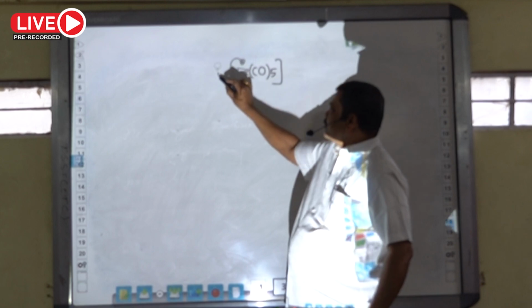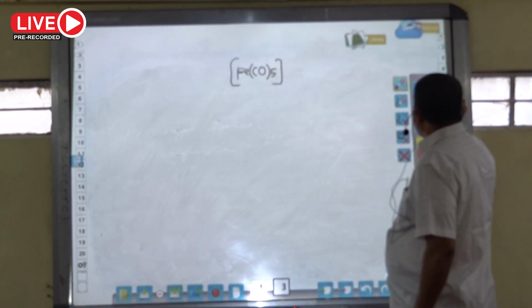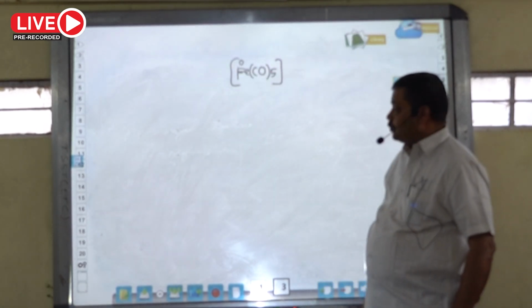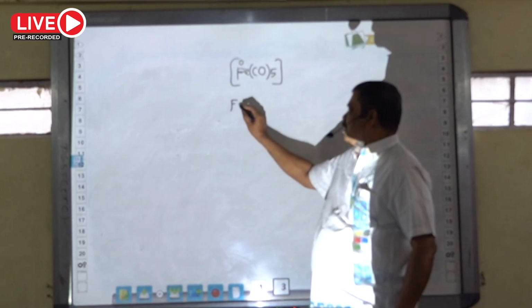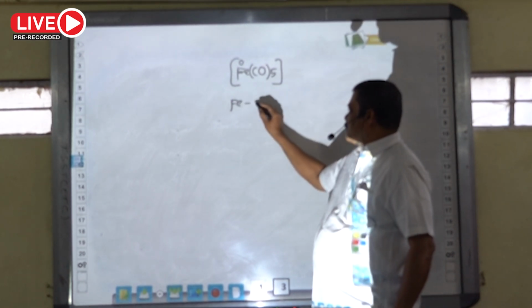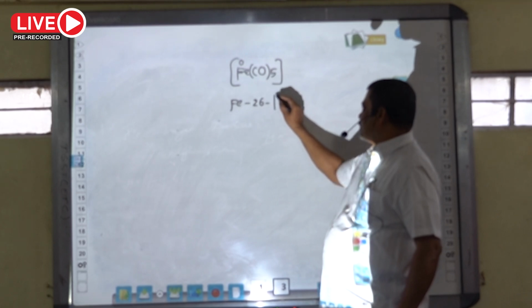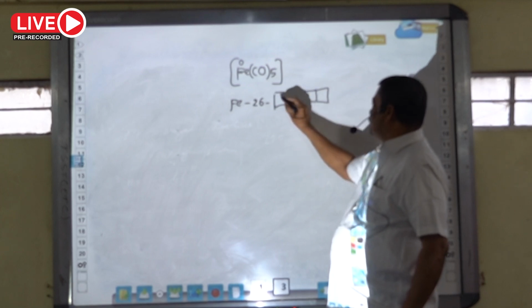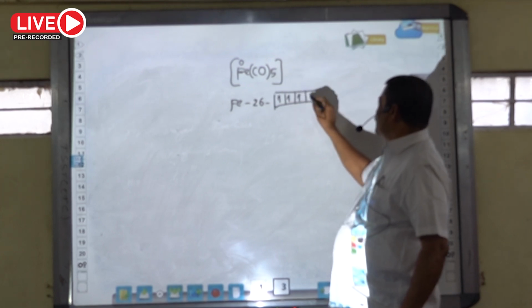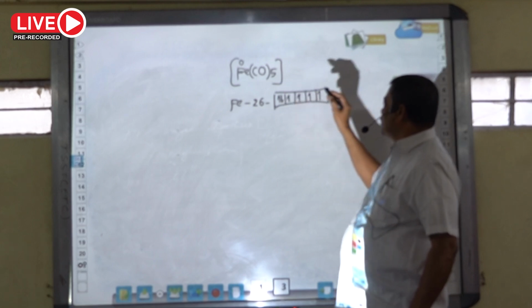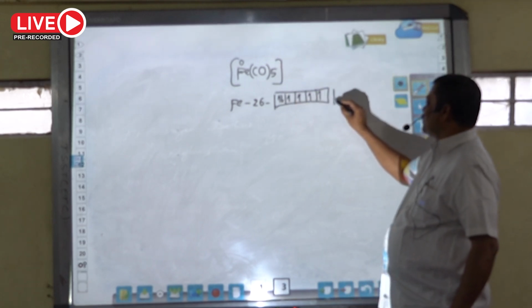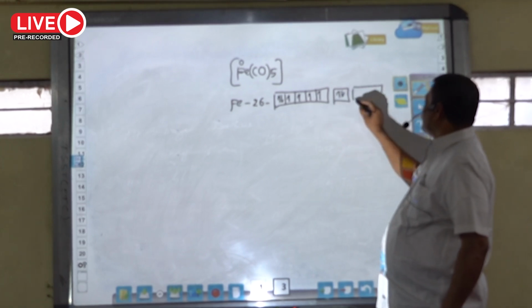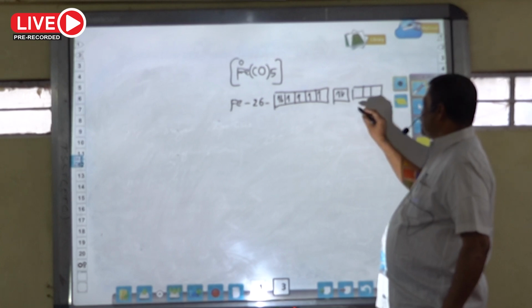Iron is having 0 oxidation state. What is iron's electronic configuration? The atomic number is 26. 3d6, 4s2, 4p0.